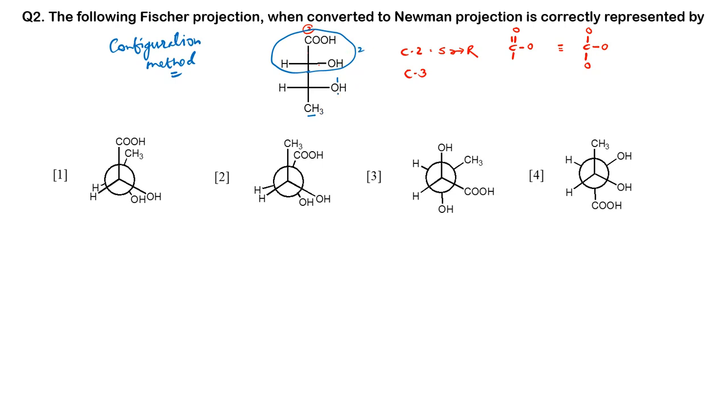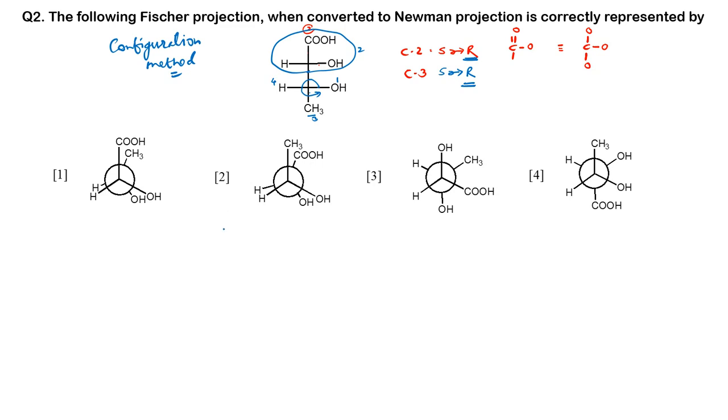Therefore this will get the second priority, and this will be the third, hydrogen will be the fourth. So first, second and third will again move in anti-clockwise direction, which we expect means S. But again the hydrogen is towards the observer, so S will change to R. So we are expecting that both absolute configurations are determined to be R.